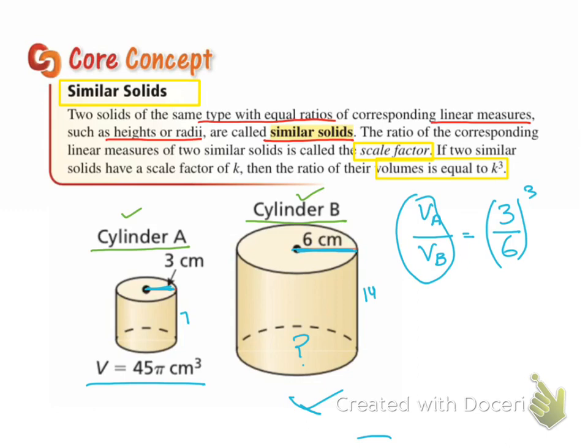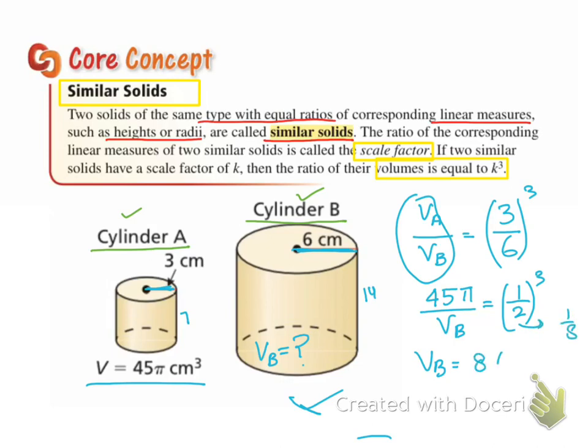So let's plug it in. VA is 45 pi, and VB we don't know, equals 1 over 2 cubed, which is 1 over 8. Cross multiply, so 8 times 45 pi is 360 pi.